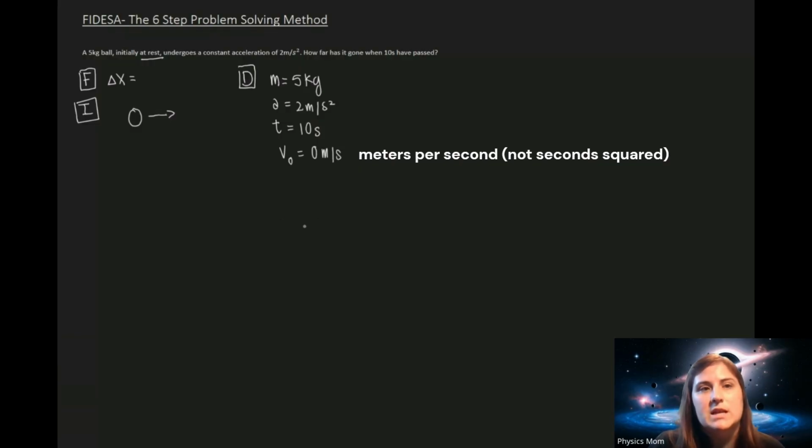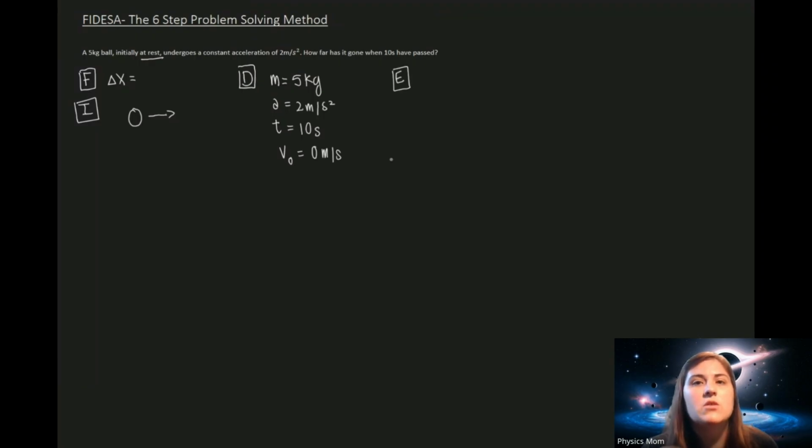D stands for data. E, my fourth letter in the acronym, stands for equations. And this would be any and all equations I either know I need or think I might need to solve this problem. The way we determine what equations those would be is I'm going to match all the letters I'm given and the letter I'm looking for. Sometimes I need a combination of equations.